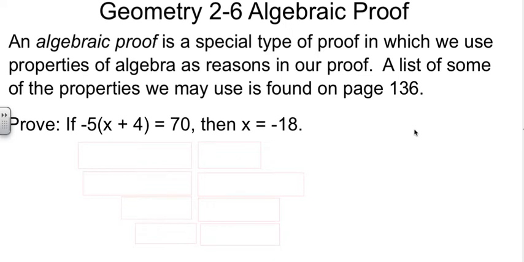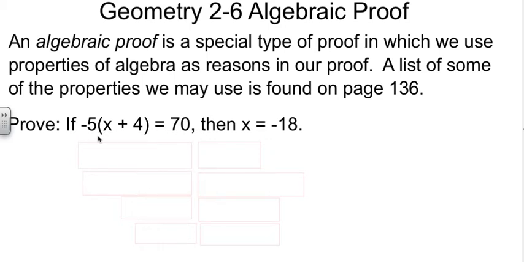One thing you cannot do is just take negative 18 and substitute it in for x. What you would be proving is if x equals negative 18, then this stuff is true. You would be proving the converse of what you're trying to prove.